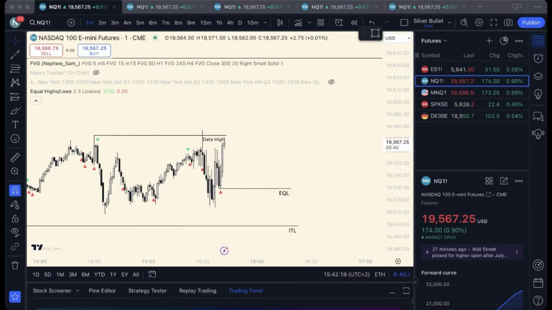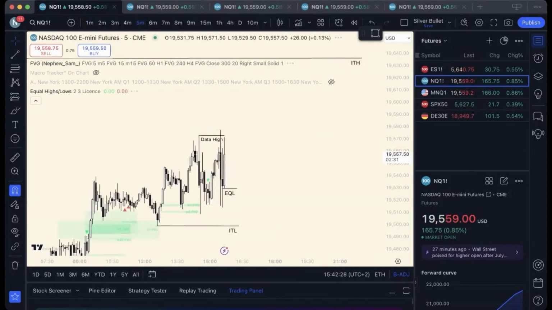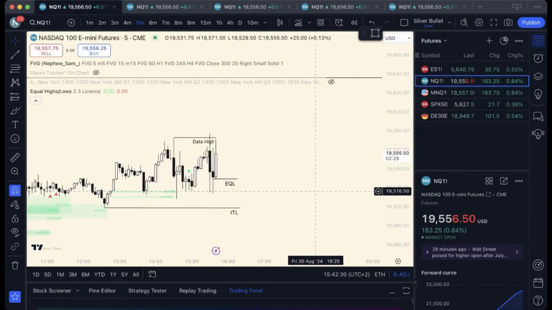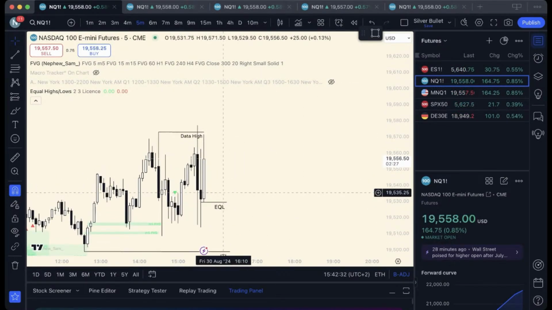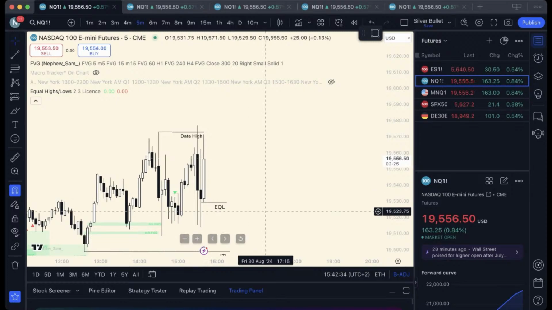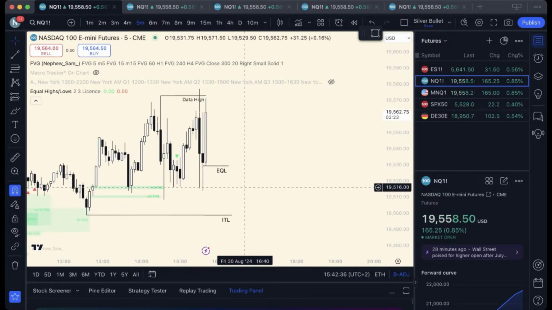So I just got a question from the community. If we have this 5 minute, yes, it's definitely an inverse, but we know that if it's inversing, it goes to the next internal low, which would have been here.